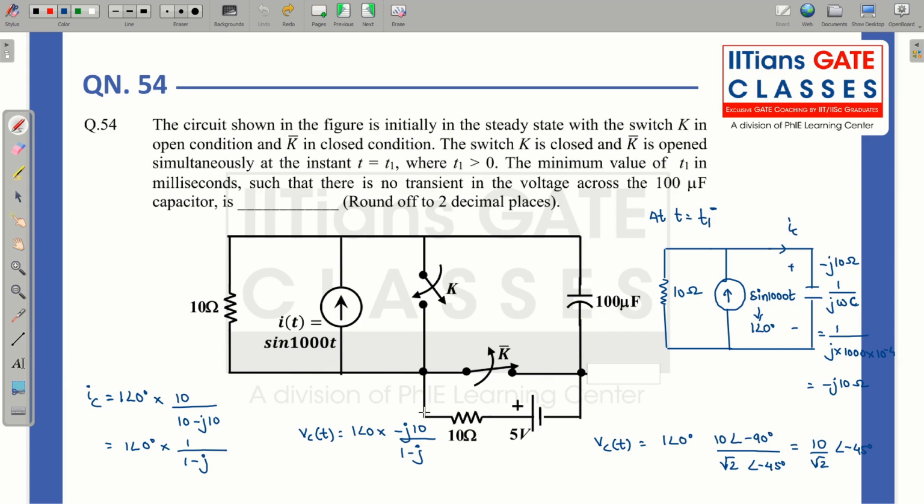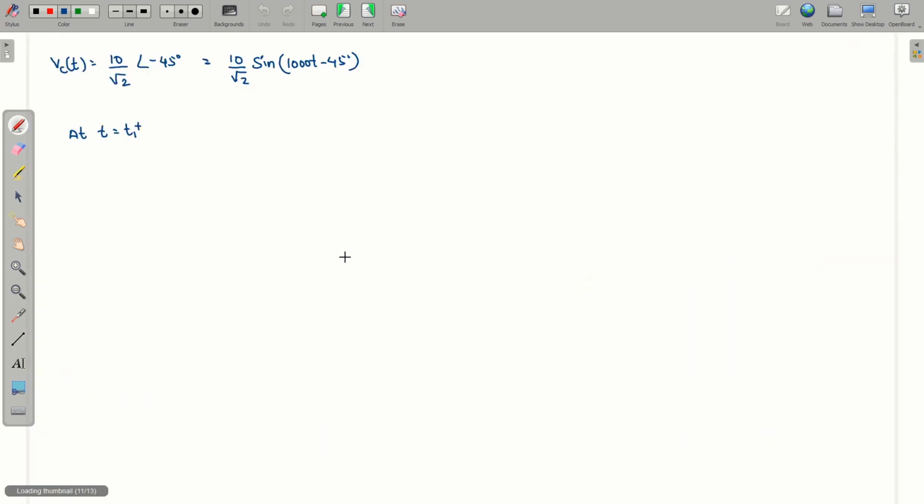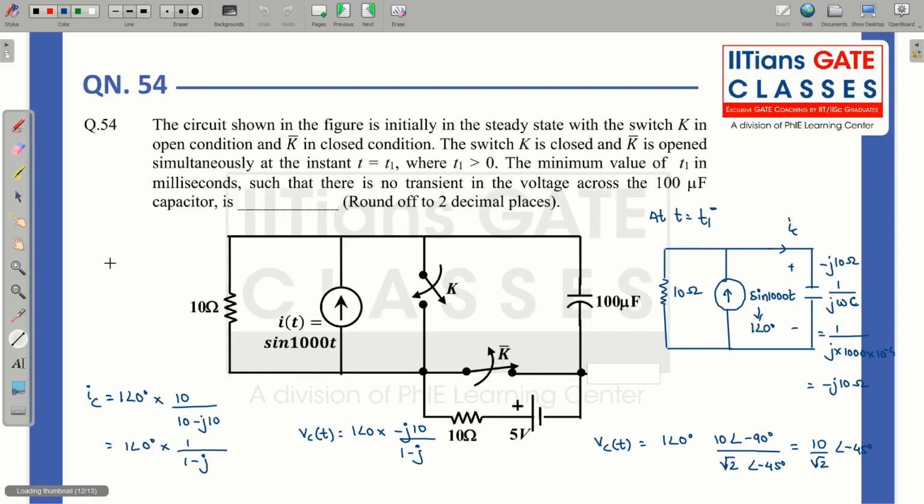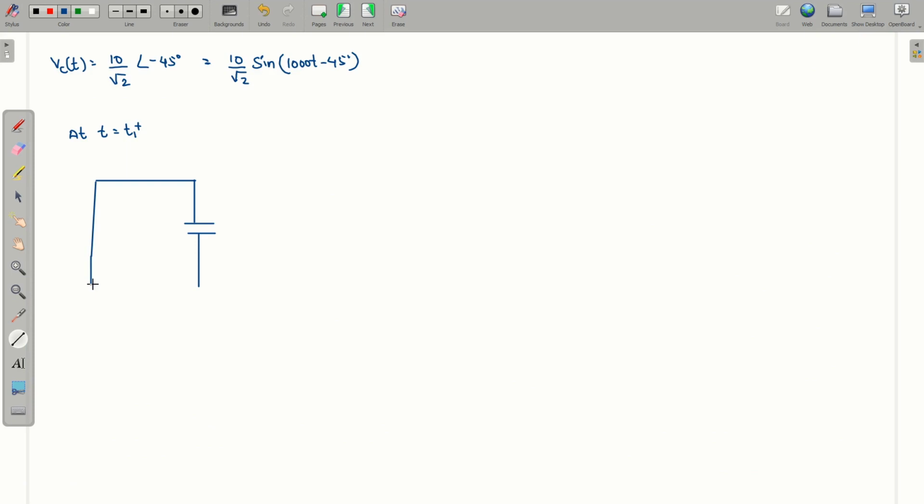So this will be the circuit now, something like this: this is 10 ohm, this is 100 microfarad, and this is 5 volt.